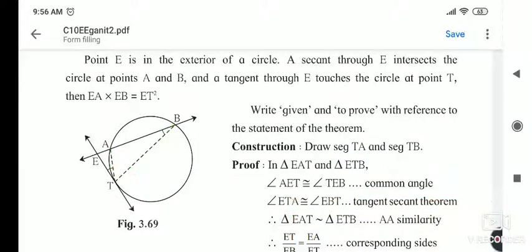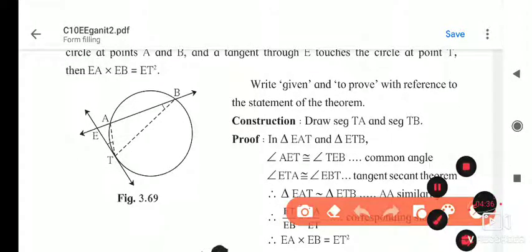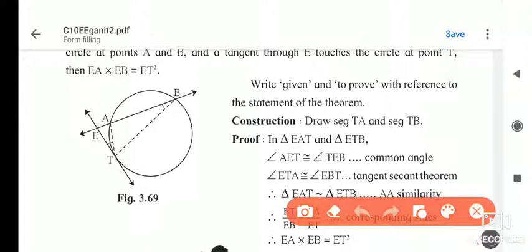Now, when we join TA and TB, we get two triangles.